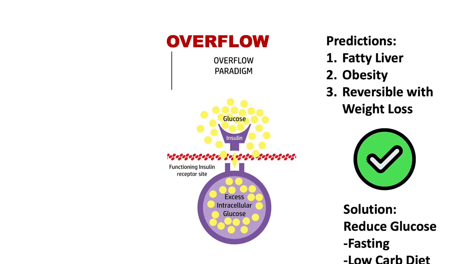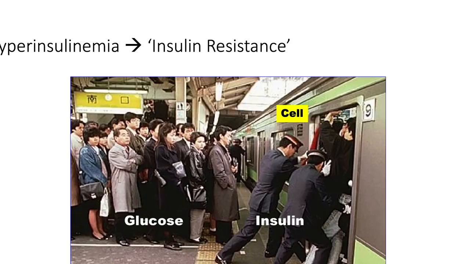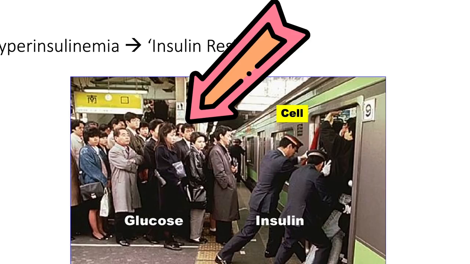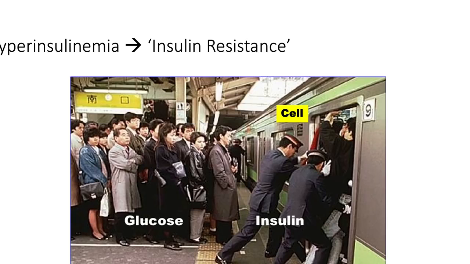One final analogy for you: if you think about a subway train as the cell, you have glucose which should go into the cell when the doors open, and it opens because of insulin. If you have people piling up on the platform, not able to go into the train, there's two possibilities. One is that the doors are simply not opening when insulin comes and tells them to, and inside the train there's no people.